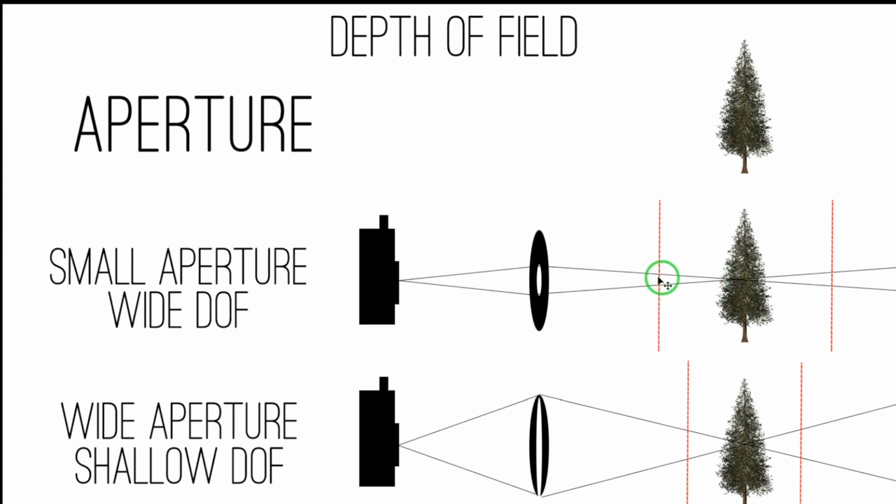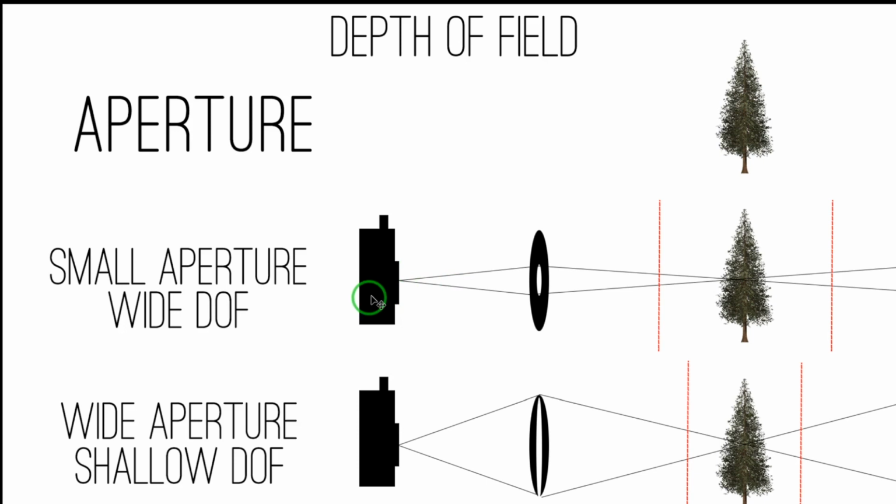So you can see the light rays in this case are spreading apart really slowly. But in this one, they're spreading apart much faster. So when your light rays don't spread apart as fast, you're going to have a wider depth of field, or more in focus. As your light rays spread apart faster, you're going to have a shallower depth of field and less in focus.